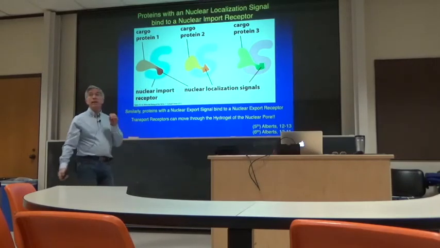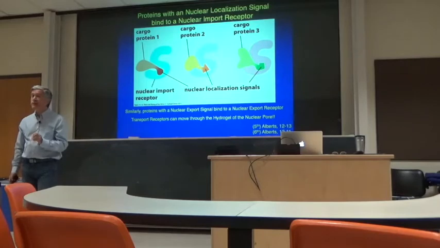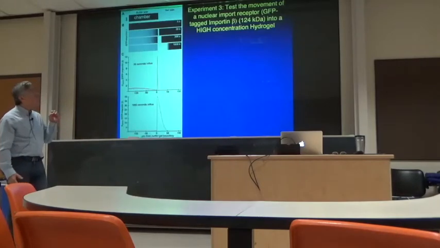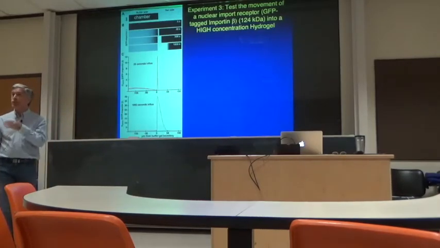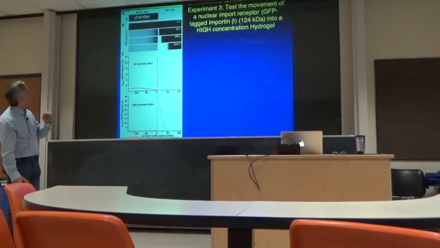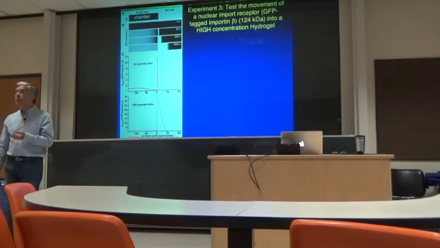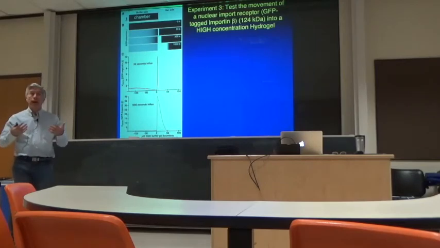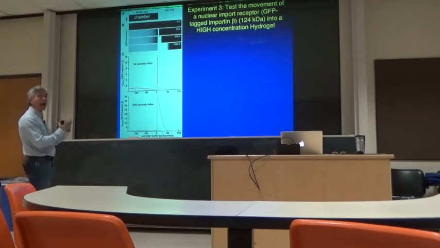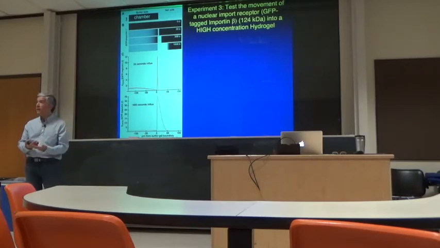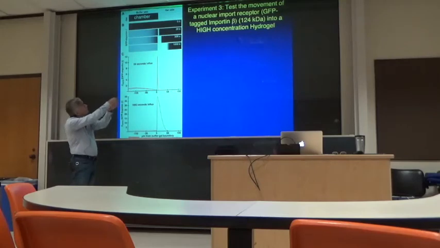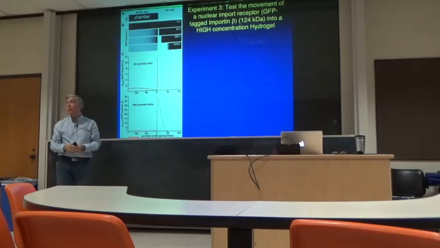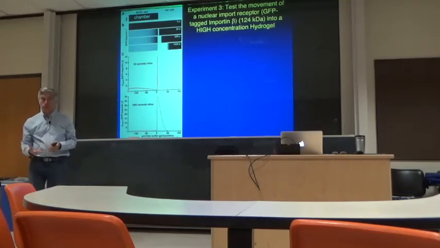And we then went into the experimental evidence that shows that nuclear import receptors, I didn't show you this for export receptors, but I showed you this data for a nuclear import receptor, have the ability of interacting with the proteins of that hydrogel and bind tightly to them, so it has a high affinity for those proteins in the hydrogel, and is completely able to penetrate the hydrogel.